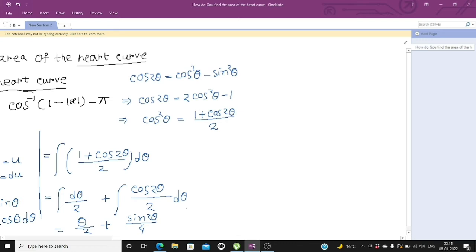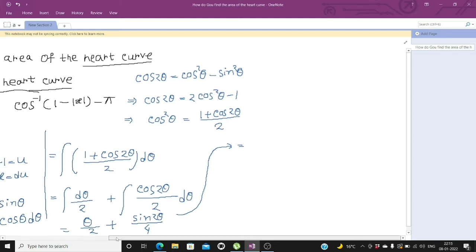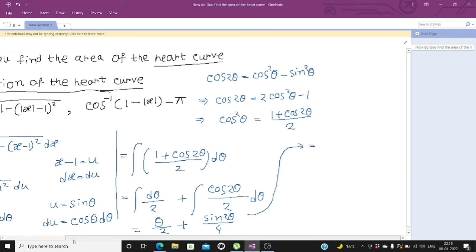Now we can write what theta is. Let me go back and see what theta is. We assumed u equals sine theta. So what is theta? Theta is sine inverse u, right?